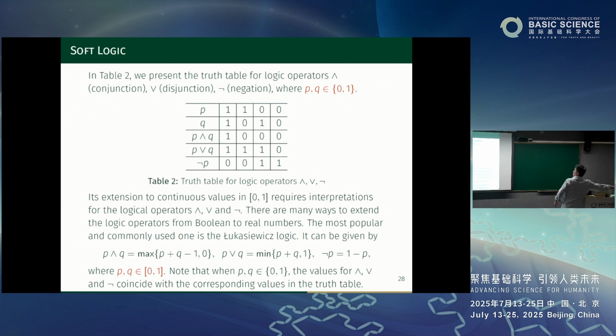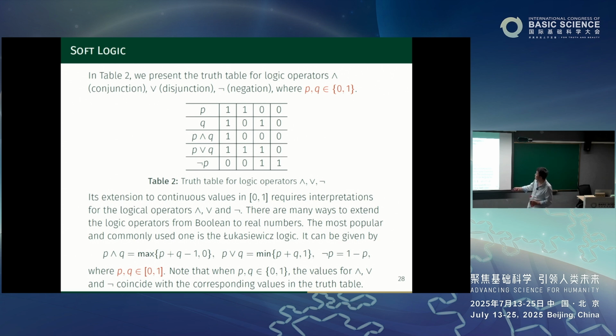What is soft logic? Here I have the truth table for logic operators: conjunction, disjunction, negation, all this kind of truth table. If you are familiar with this, it's simple. But currently, our variables are not 1 or 0; they are between 1 and 0.